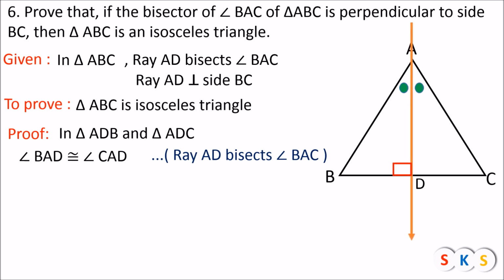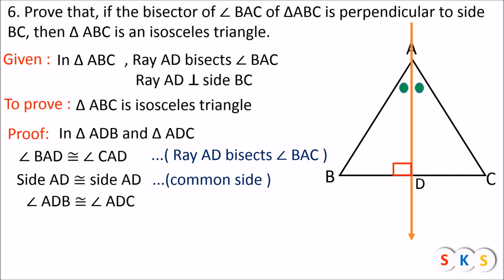Now look at this figure. Side AD is a common side of both the triangles. So side AD is congruent to side AD, common side. And look at this figure, angle ADB is 90 degrees, and angle ADC is also 90 degrees because AD is perpendicular to side BC.